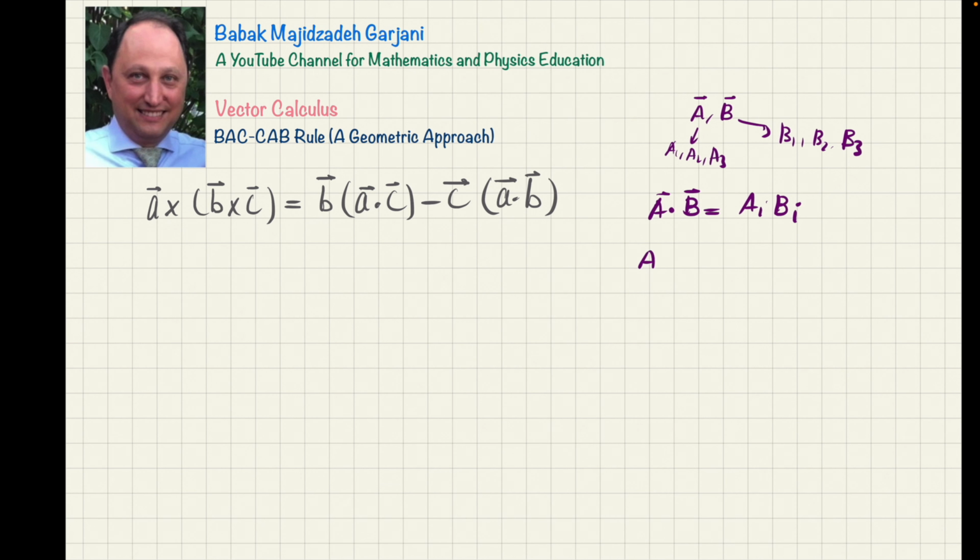And then if I want to find the ith component, I can be 1, 2, 3, of this cross product, this becomes the epsilon ijk, Levi-Civita symbol, the jth component of the first vector multiplied by the kth component of the second vector.